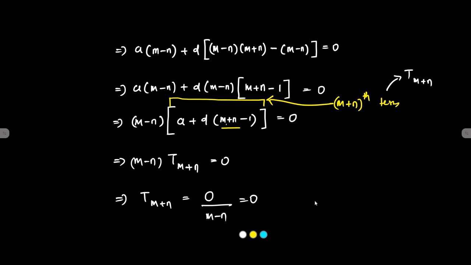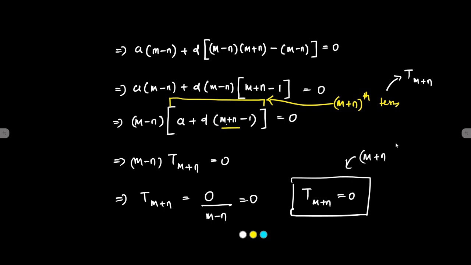So basically the m plus nth term is equal to 0. So we have proved that the m plus nth term is equal to 0.